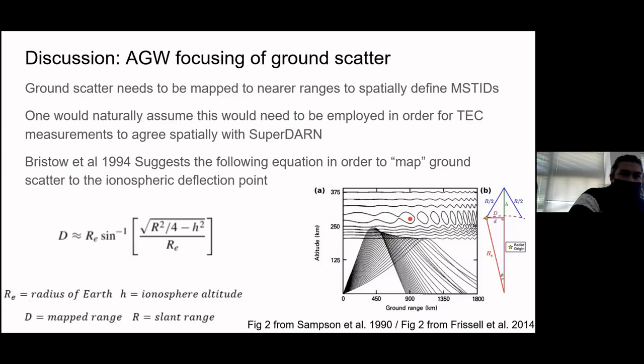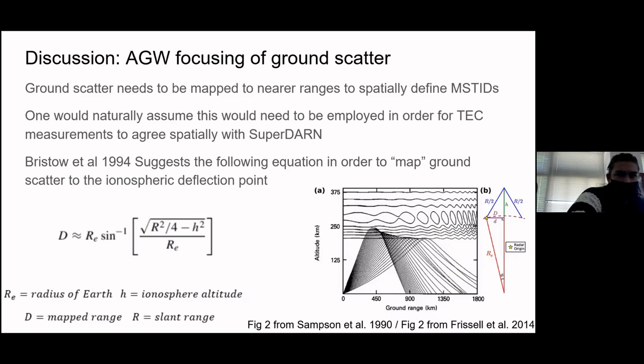The higher density is going to have a higher refractive index, so it's going to turn over faster, and the effect is that when you have ground scatter, when the ray hits the ground it's going to be focused. So you're going to get areas of focusing and defocusing. The atmospheric gravity wave approach is that it's pretty much ground scatter you see, so very low Doppler velocity in SuperDARN.